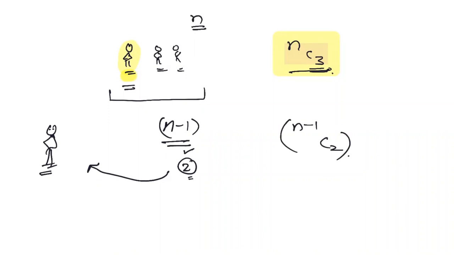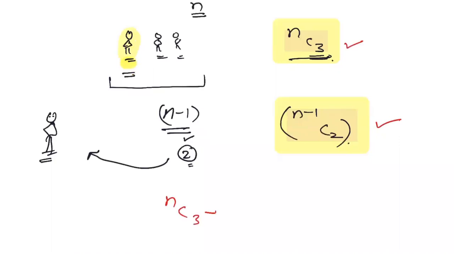So n-1C2 is the case when a particular child is going to the zoo, and nC3 is the case when the teacher is going to the zoo. So the question says nC3 minus n-1C2 is going to be 84.